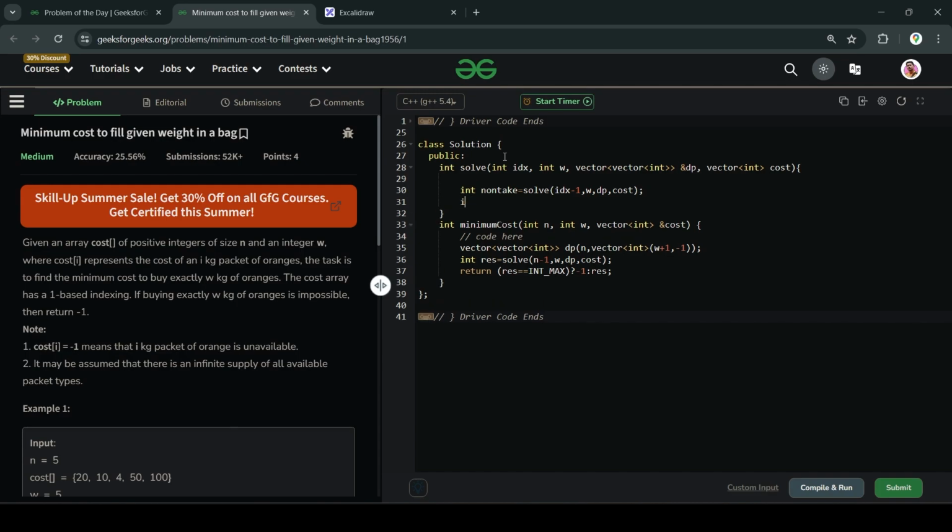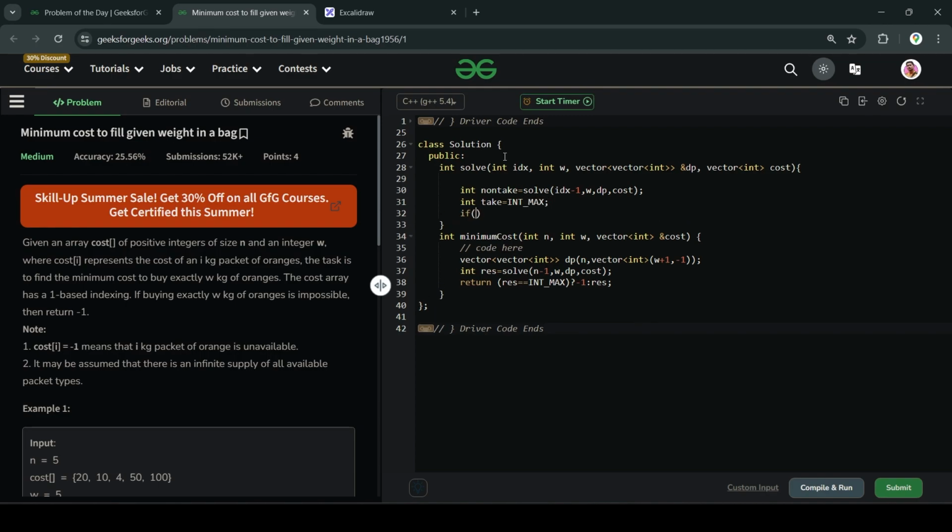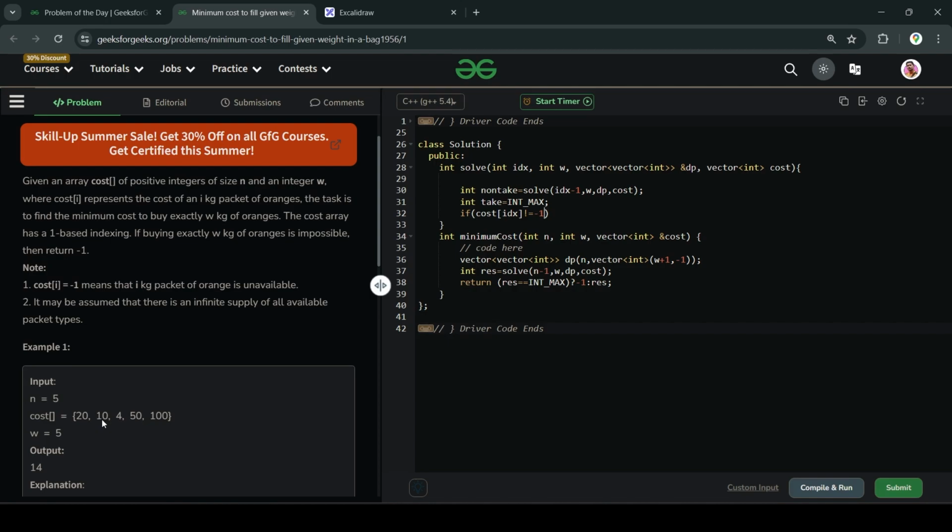Okay, and int take, initially the value of the take will be int max, and then we have another condition that we have to satisfy, that is basically the cost of the current position idx should not be minus 1. Why should it not be minus 1? Basically, in the question, they tell you that if in some position you can see the cost is minus 1, then you can understand that the element is not available right now. So I cannot take that element.